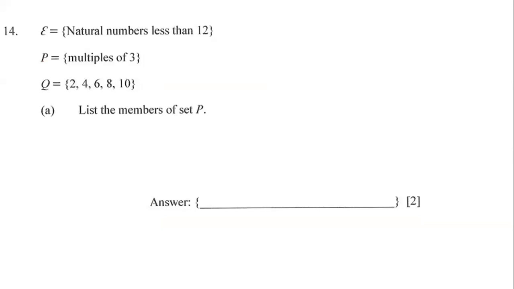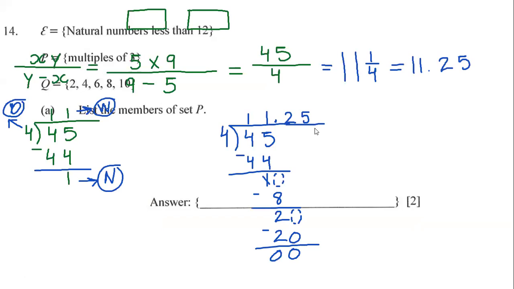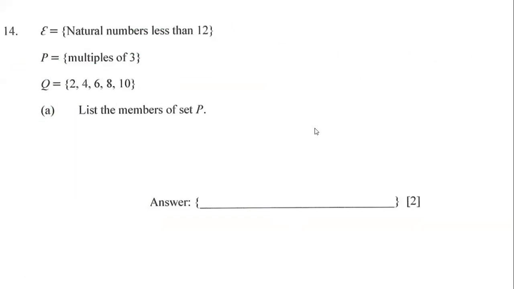So natural number starts at what? Starts at 1. Very good. So class, natural number starts at what? 1. It starts at 1 and goes all the way up to positive infinity.